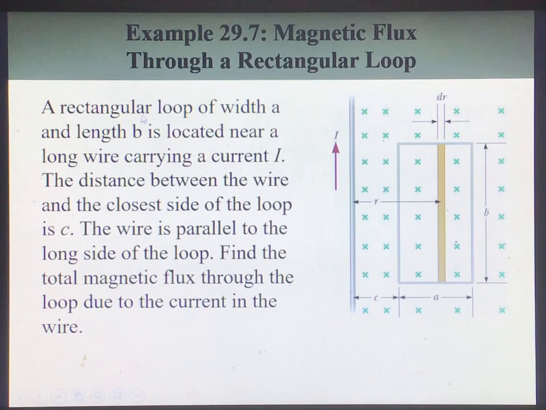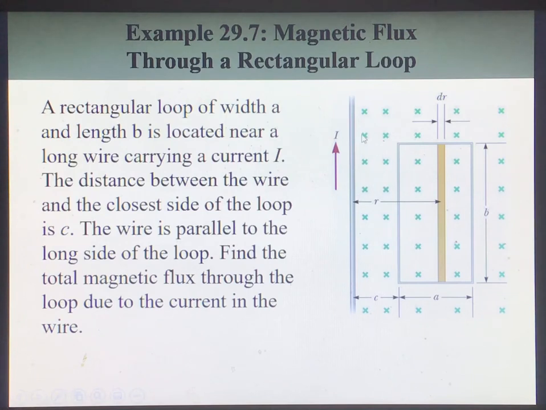Suppose that we have a rectangular loop of width A and length B, and it's located near a long wire that carries a current I. It also tells us that the distance between the wire and the closest side of the loop is C, and that the wire is parallel to the long side of the loop. Find the total magnetic flux through the loop due to the current in the wire.